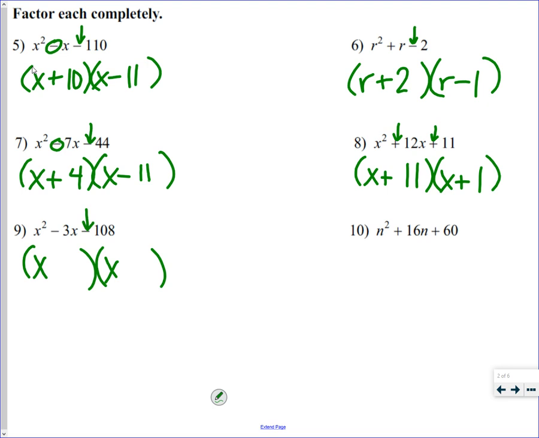This tells me that I've got different signs, and I need numbers that multiply to be 108 and subtract to be 3. Now that one I'm going to have to think a little bit here.